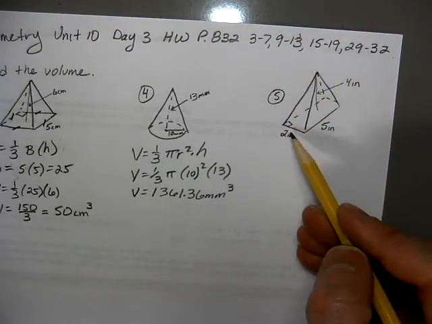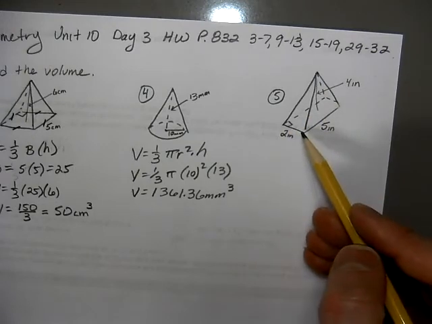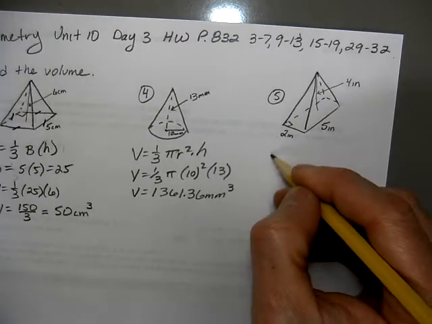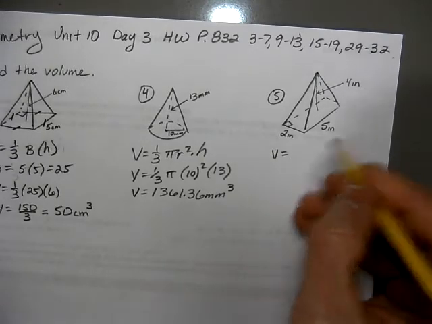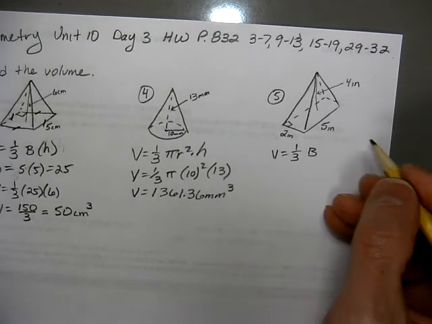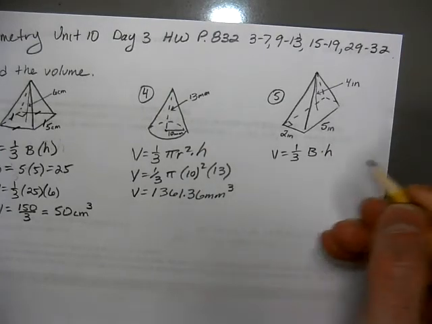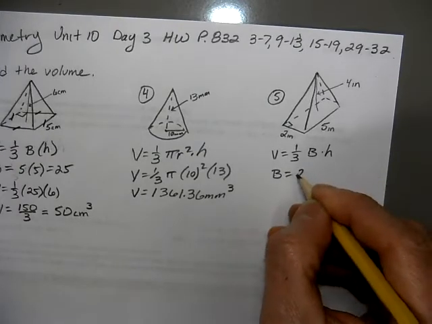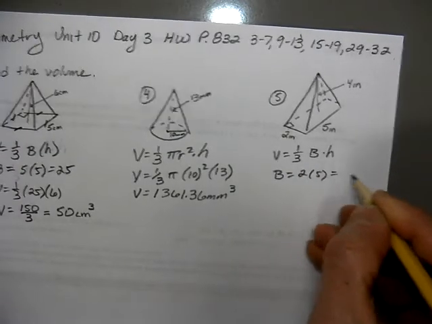Next we have a pyramid. We have a rectangle. So it's a rectangular pyramid. We need to find the volume. It's going to be 1/3 the area of the base times the height. Well, the base itself is just 2 times 5.